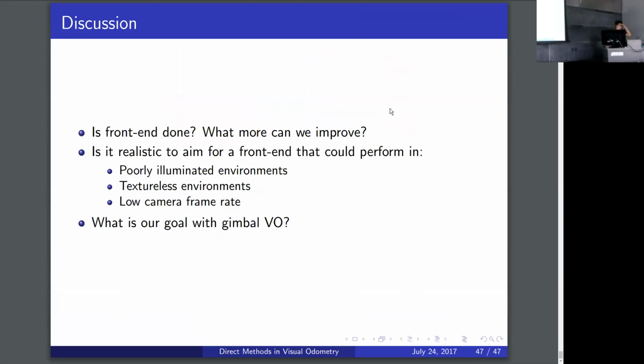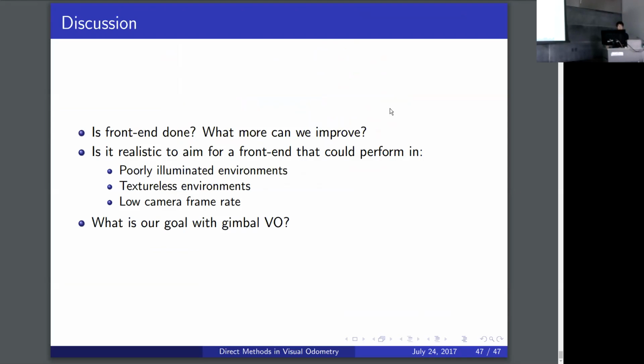And so to finish off the presentation, I guess this is the discussion part. So based on how direct methods have evolved, does this mean that the front end of DSO is a sparse direct method? Can we improve on it?